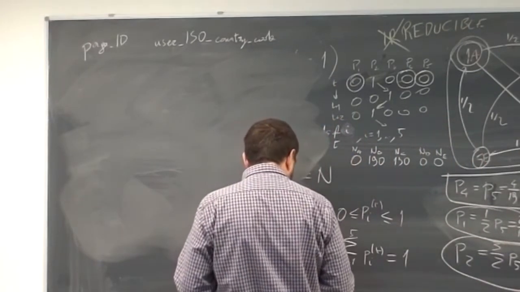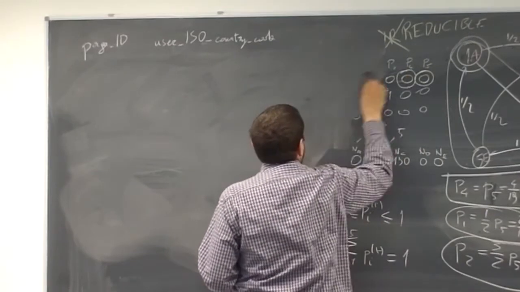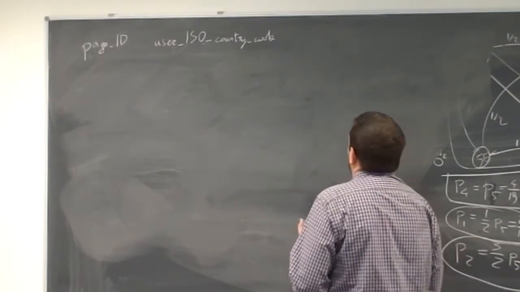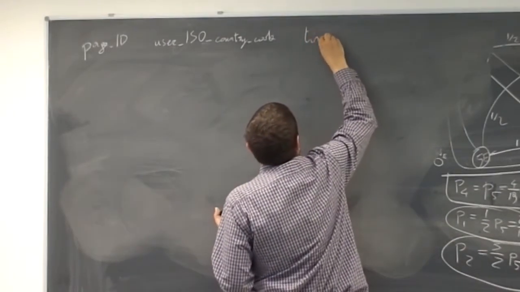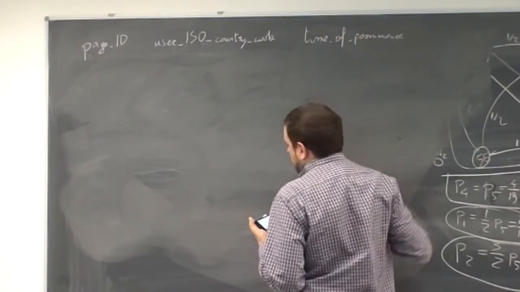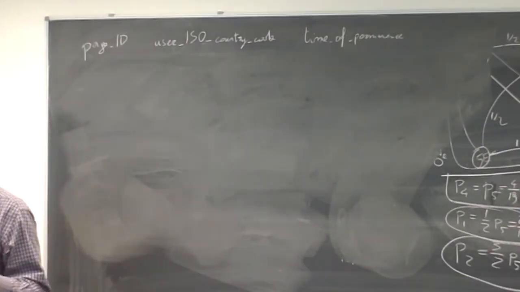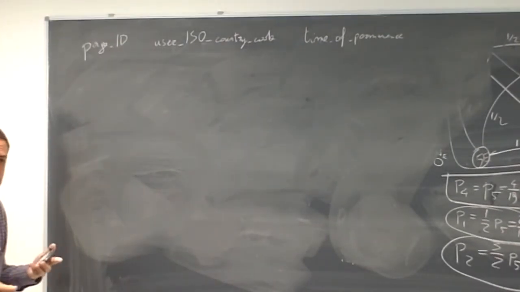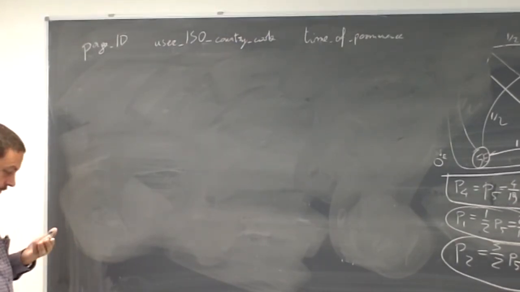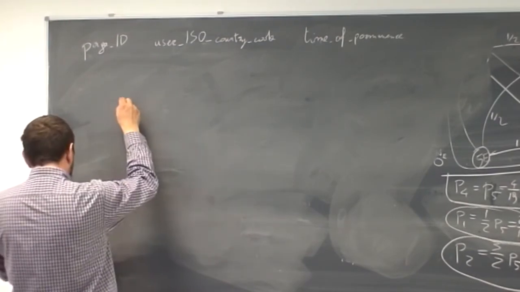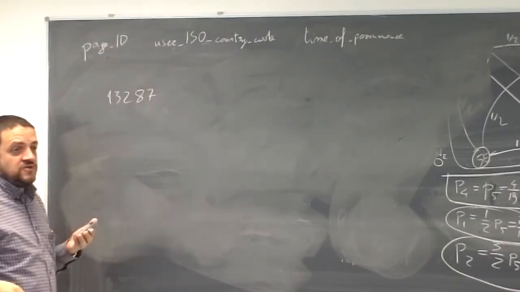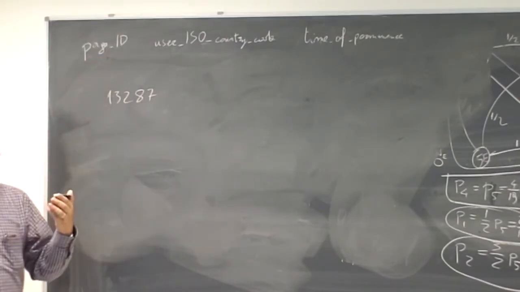And finally, the time of permanence, meaning how long that page has remained displayed in the user's browser before he clicked something or went to some other website. So for example, the row could contain some random number, which is, we assume that every page has its own ID.